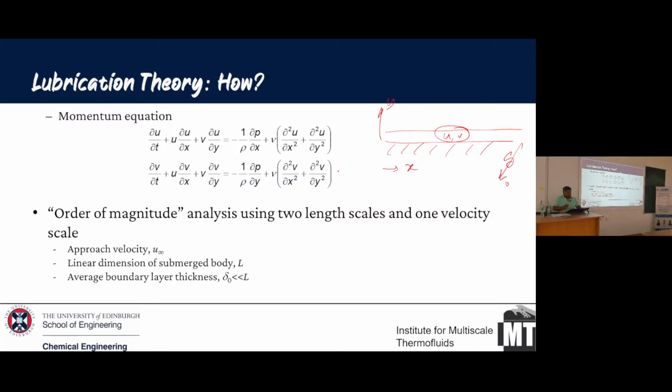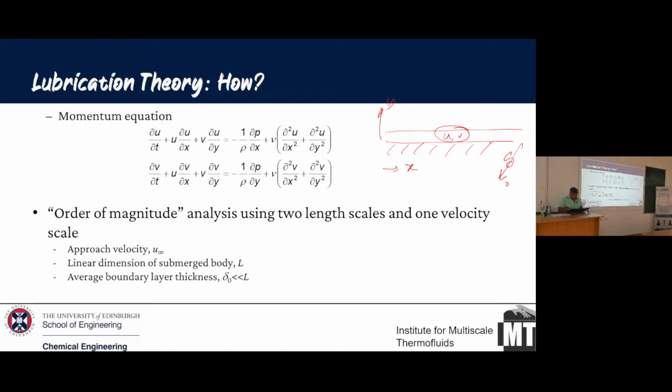So one way to quickly look at how we reduce the system into lubrication equations. Obviously, till now we have just dealt with Navier-Stokes. They're full Navier-Stokes. They are not reduced to lubrication approximations at all. One way to look at it is to look at the length scales.